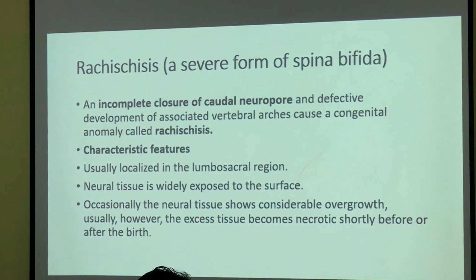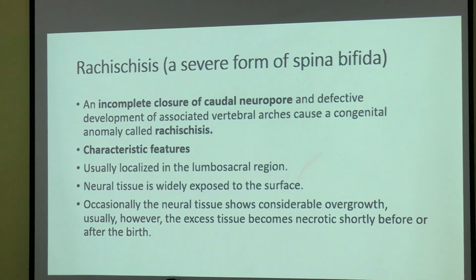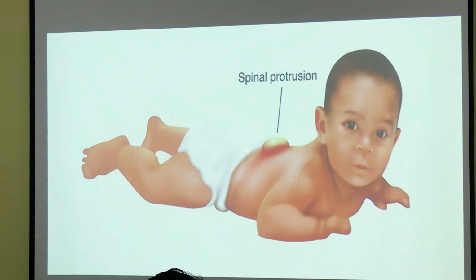So, what do you mean by necrosis or necrotic? Necrosis is death of the cells or tissues. Okay. So, this is how a baby suffering from rachischisis will appear, and this is the neural tissue directly exposed to the surface area at the lumbosacral region. Okay.